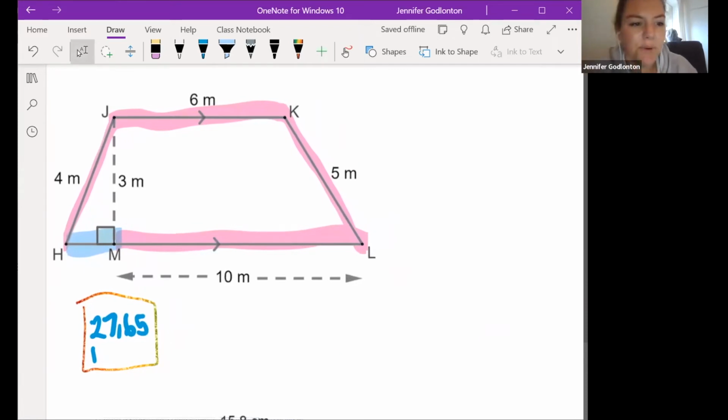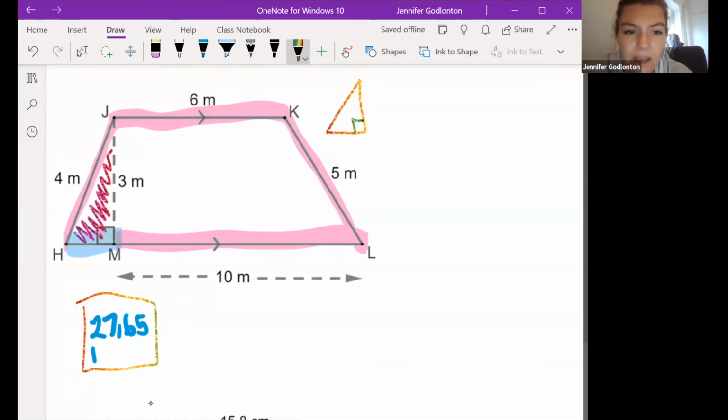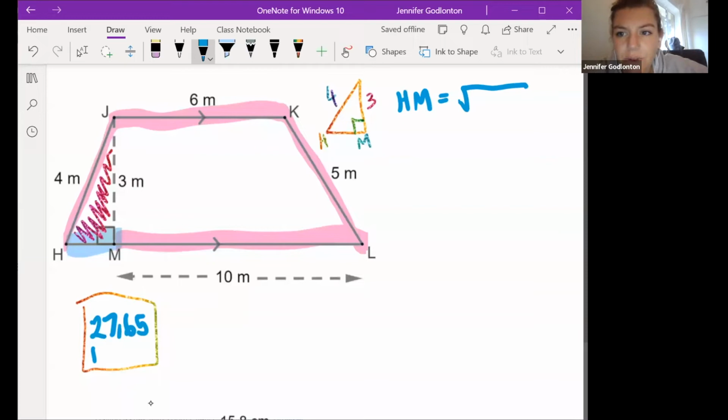If we look at this perimeter situation, we need to know what HM is. HM is part of a right-angled triangle. Whenever we have a right-angled triangle, we are allowed to use Pythagoras. So we're going to say that HM is equal to the square root of 4 squared minus 3 squared, and we're going to have our reason.